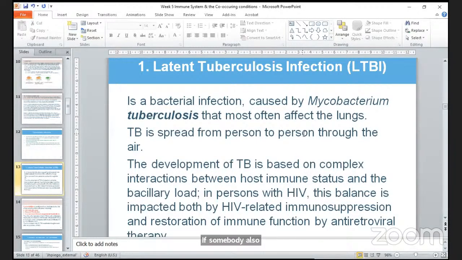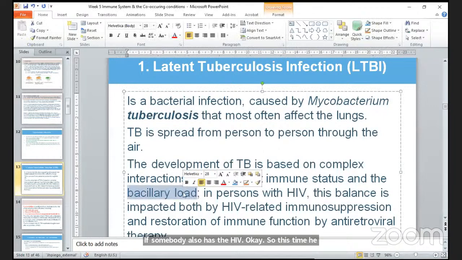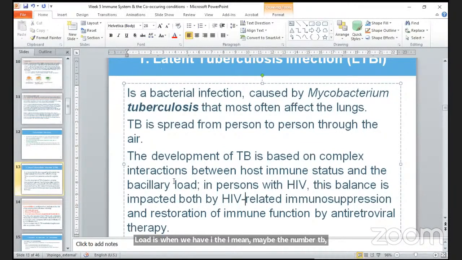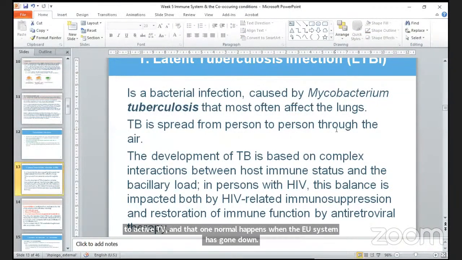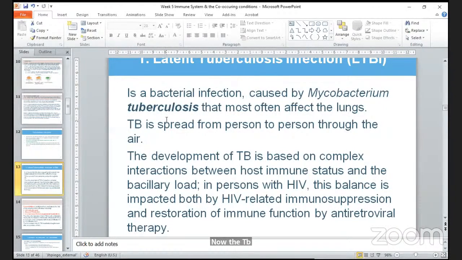So bacillary load is when the number of TB particles in the blood is so high. It can lead to active TB, and that normally happens when the immune system has gone down. Now, the TB infection is caused by Mycobacterium tuberculosis. This is a bacteria and it attacks the lungs.